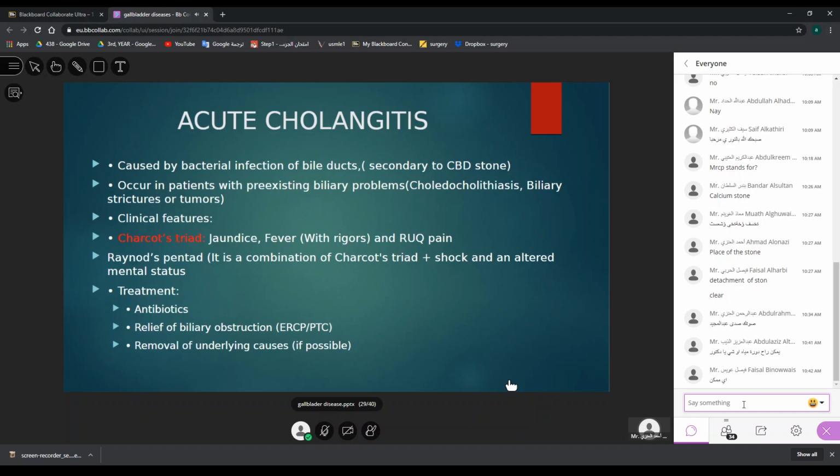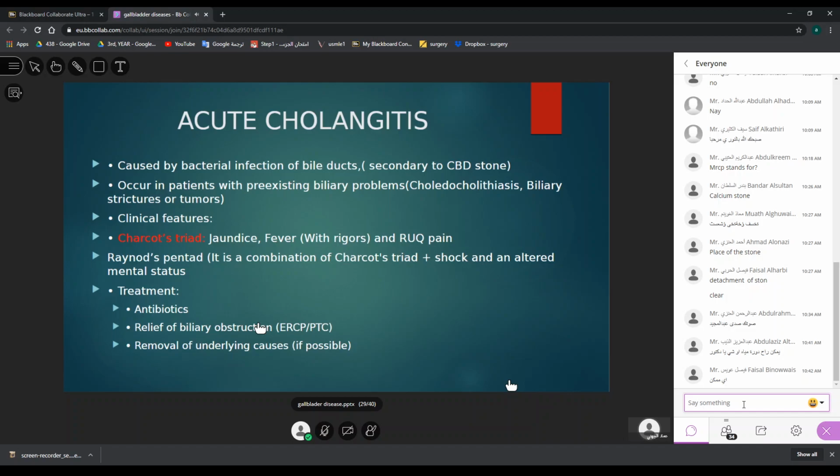No. Not ileum, not jejunum. The biliary system drains in the duodenum. It's not in the ileum or jejunum.